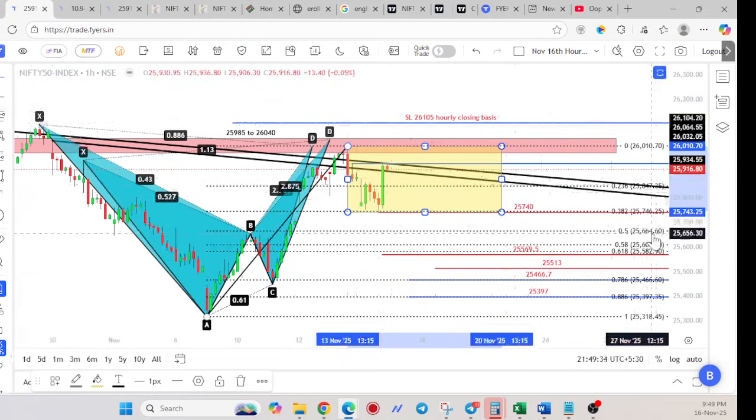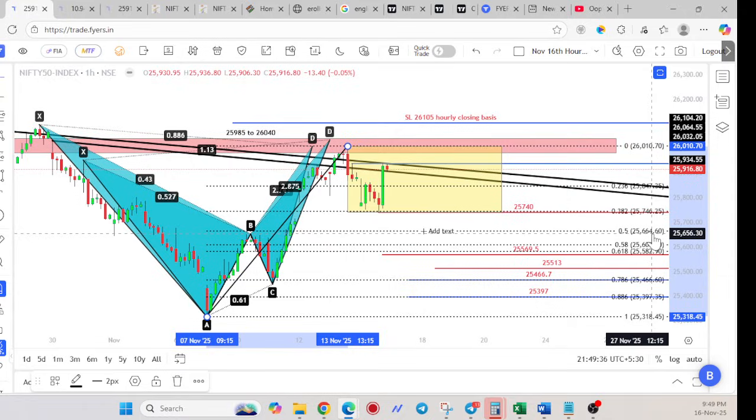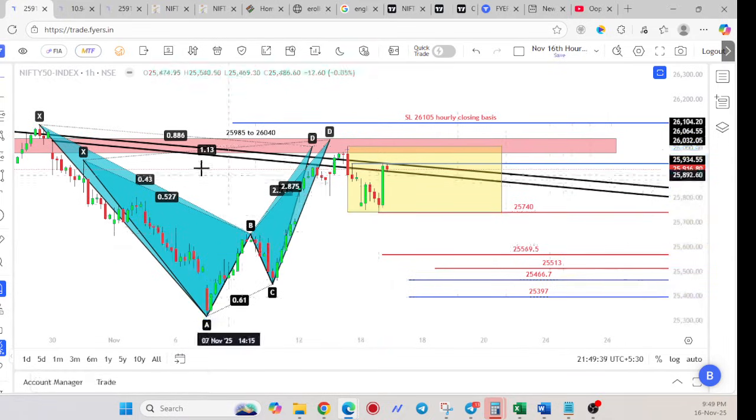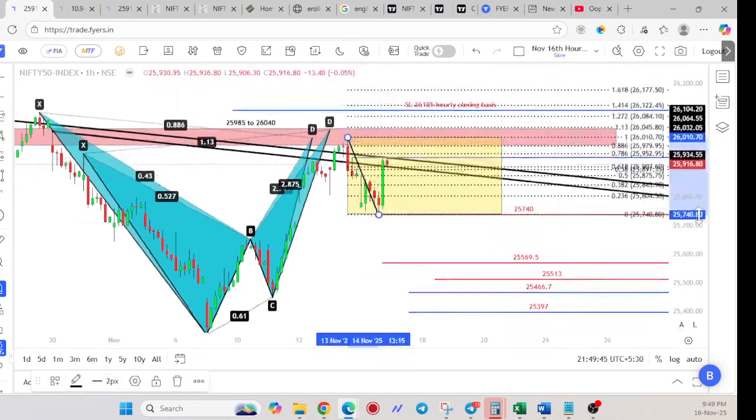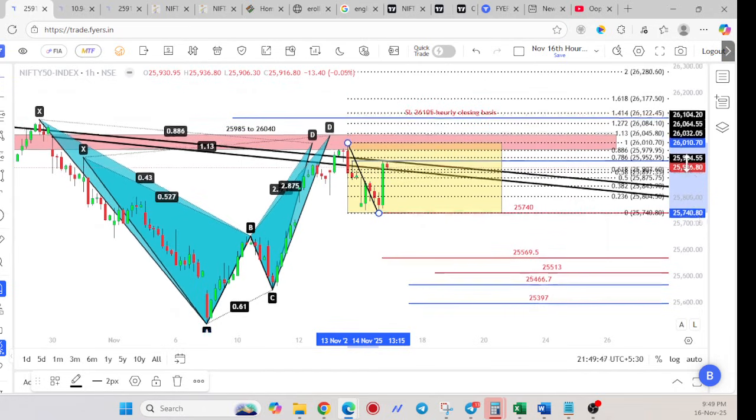Okay. Now, what is important now? Let us remove all this. I think this is all clear now, right? So I'm going to delete all this. Now I'm going to draw a Fibo from the recent high to the low, which is 25,740. And you will see that the 1.618 level is 26,177, right?